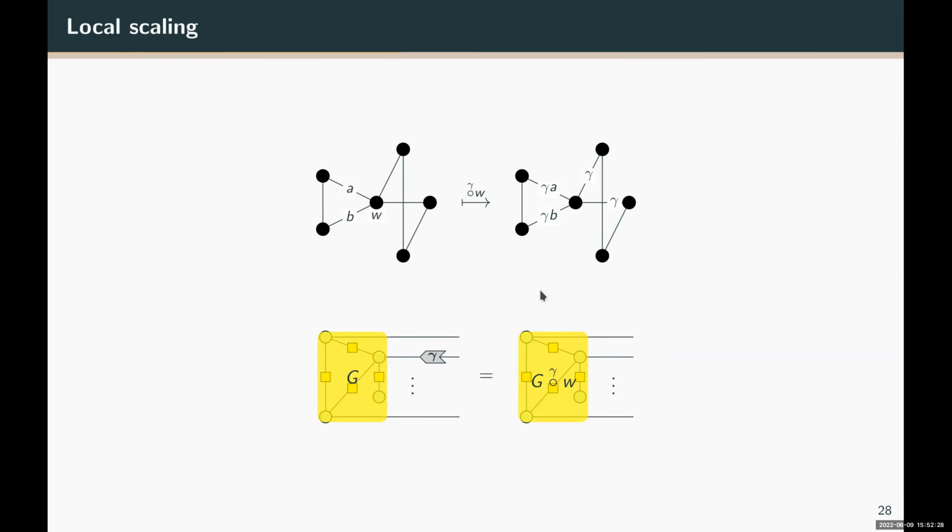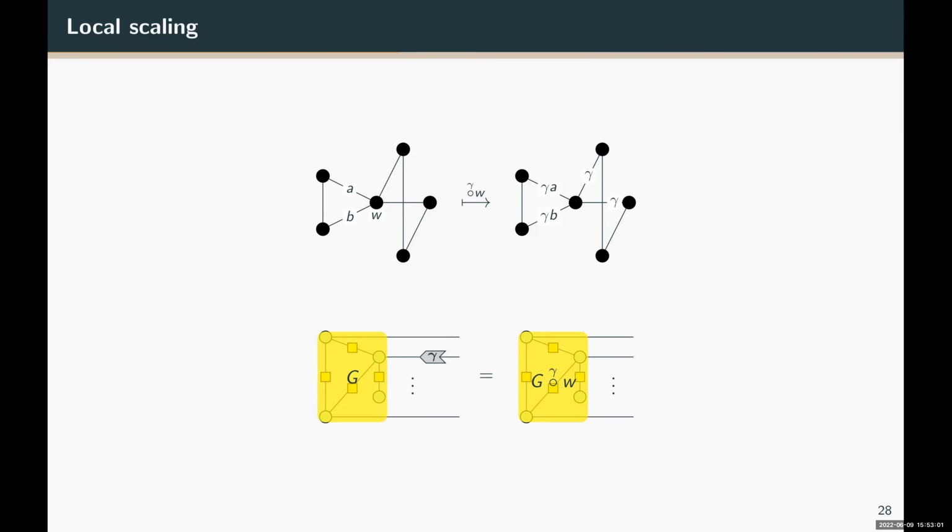Then we have a slightly more tricky, although not too difficult, operation for acting on these graph states. If you're familiar with the qubit theory, when you look at these graph states, you can decompose any local Clifford equivalence of graph states into a sequence of local complementations acting on the graph.